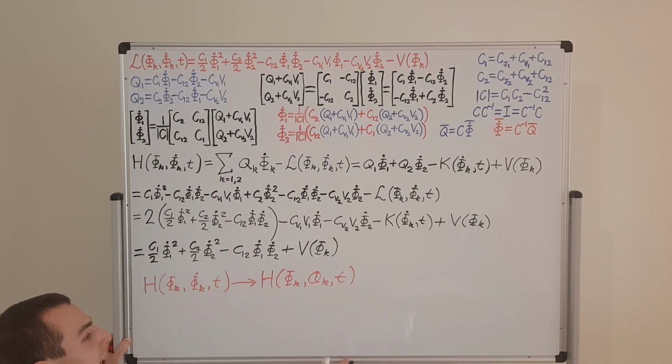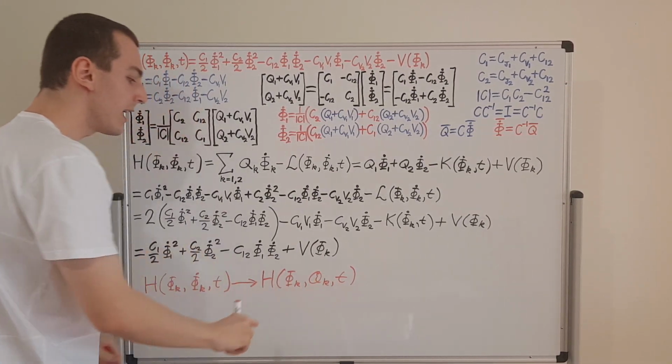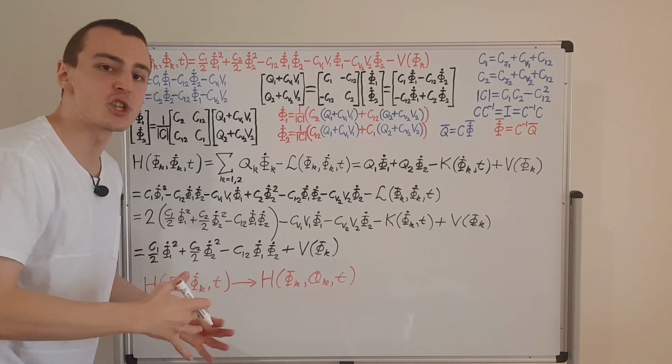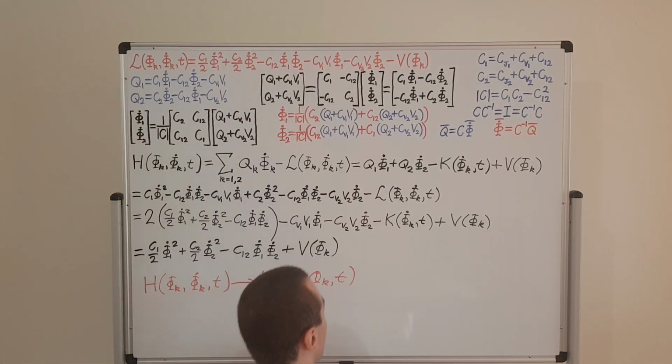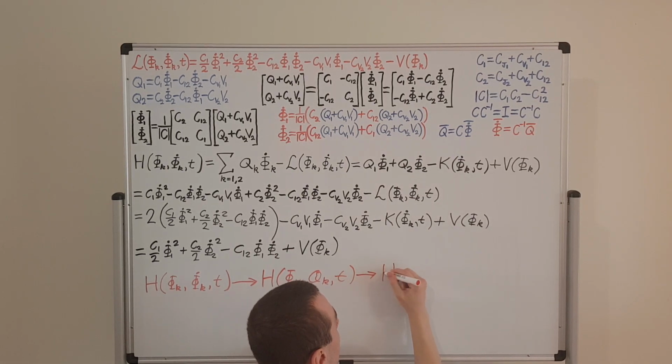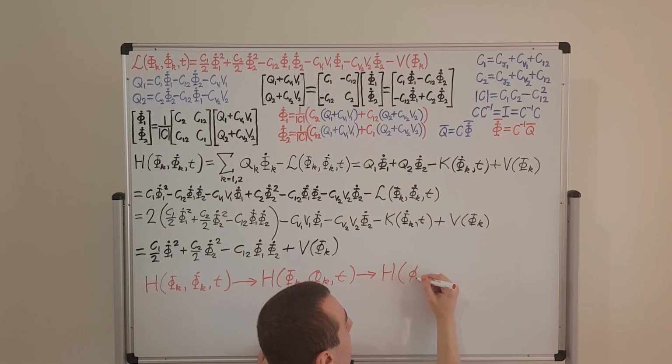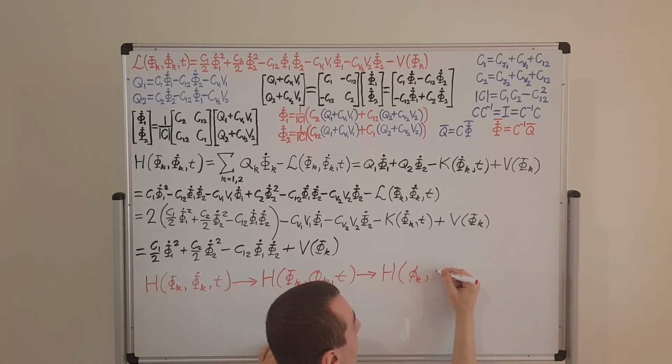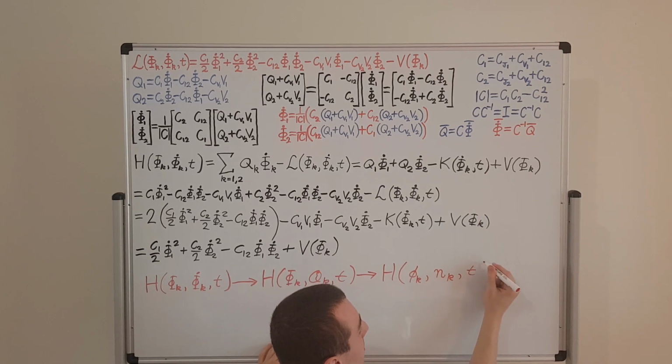And then after we do that, we can redefine these quantities and make them dimensionless. So we can further change this Hamiltonian and re-express it in terms of lowercase phi's, and instead of capital Q's, we'll have lowercase n's. And we'll define what these quantities are.